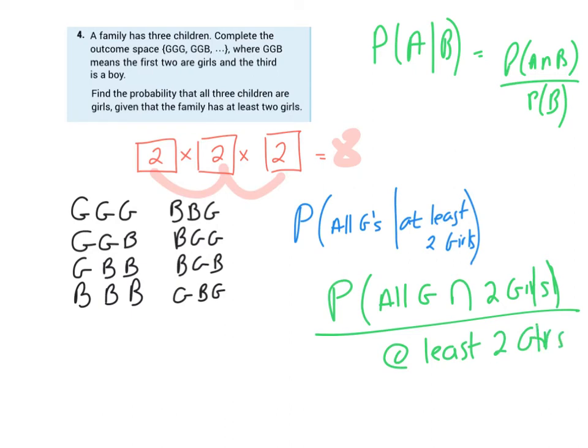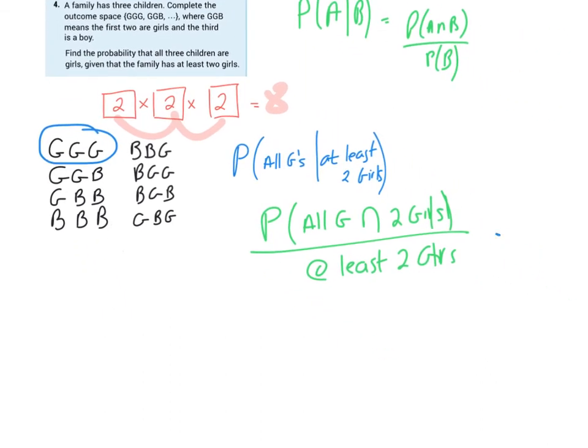Now, the probability that you have 3 girls intersecting with 2 girls, where will that happen? Where it'll satisfy both of those. That you're all 3 and you have 2 girls, at least 2 girls. Okay, it's only this one here, right? So what's the probability of that happening? The probability of that happening is 1 out of 8, all over the probability that you have at least 2 girls.